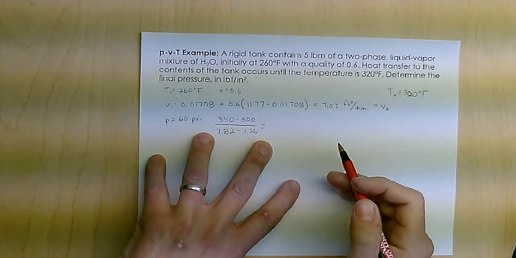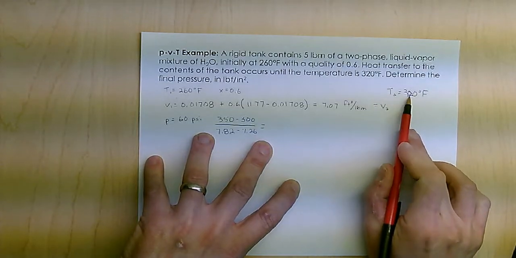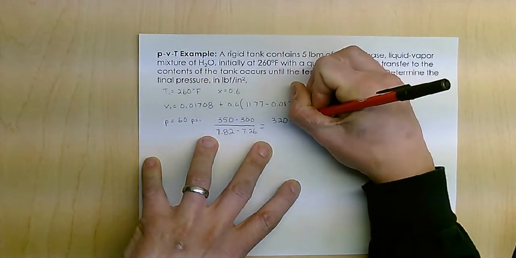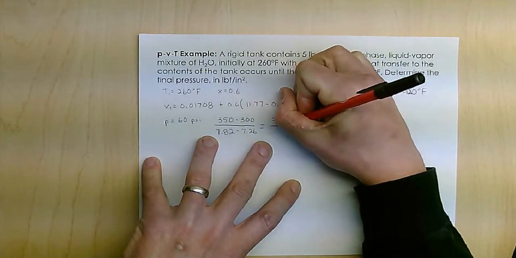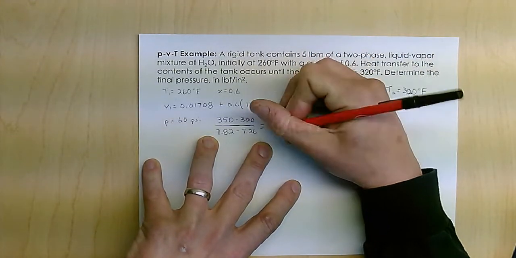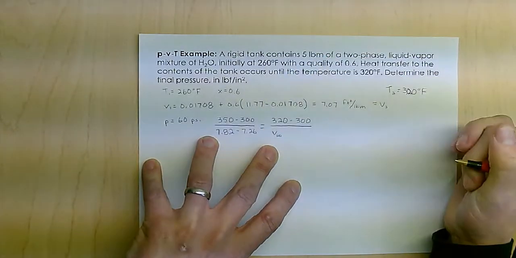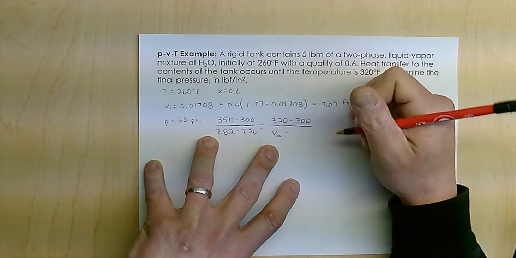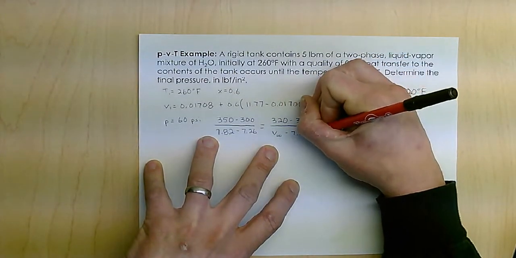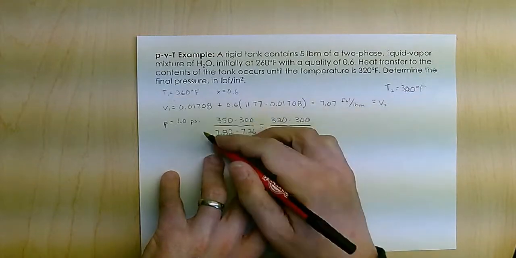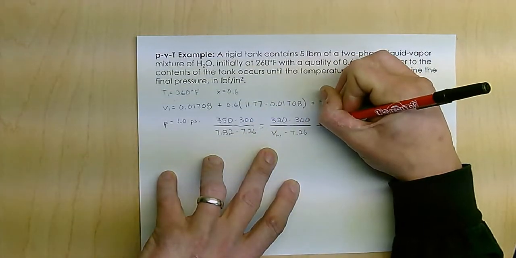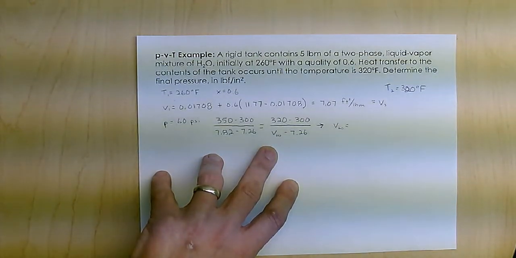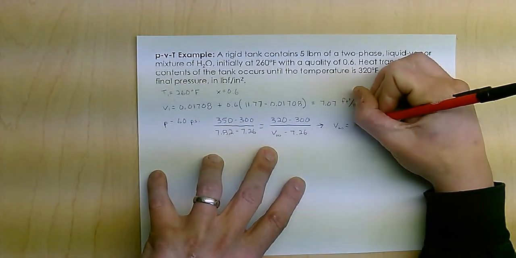And from that, I'm going to compare it to what's going on, use my 320 to figure out what it actually is. So I say 320 minus 300 times, I'll call it volume at 60 psi, minus 7.26. So from this relationship, I solve for the volume at 60 psi, and I find the volume at 60 psi to be 7.484.